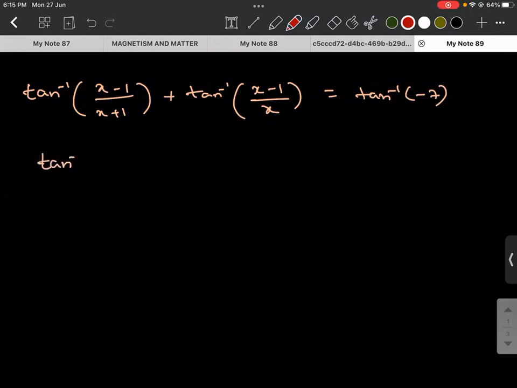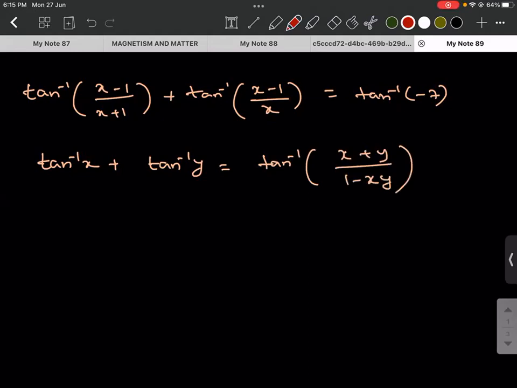So, Ram, you also concentrate. Okay. So it is tan inverse of (x plus y) by (1 minus xy).